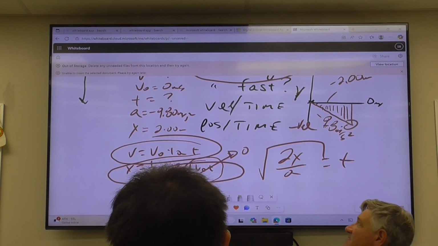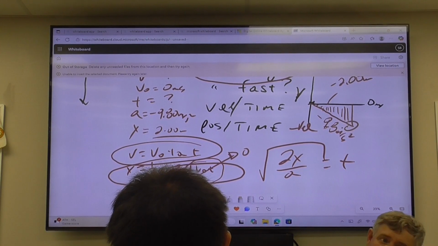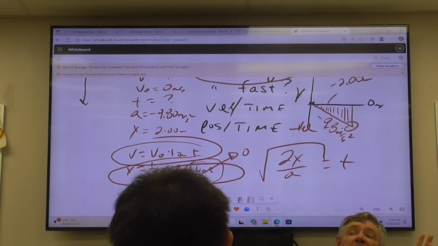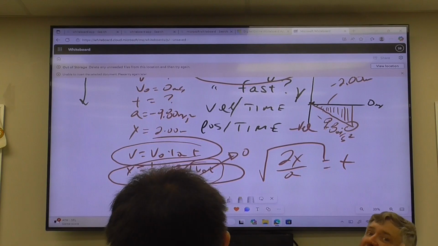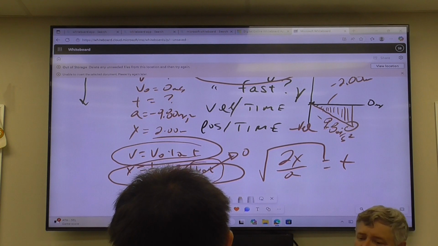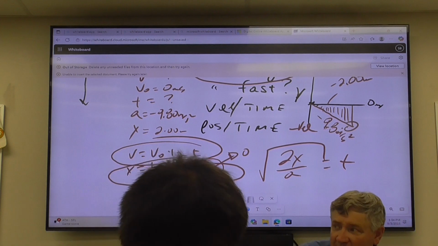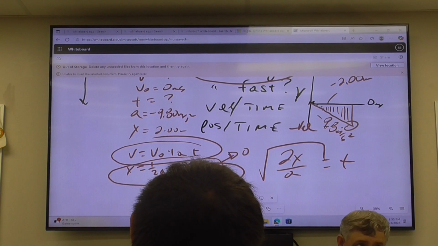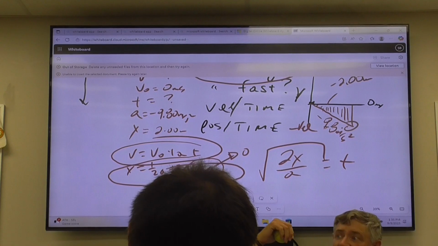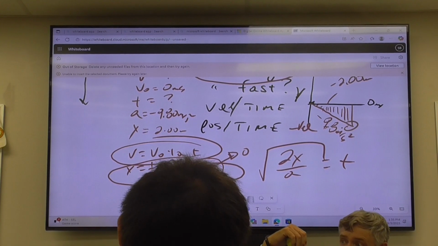Now, this is not a big dog equation. It's a pup, but it's a grand equation. But you can only use this equation under one circumstance, and that's if your initial velocity is 0. If I throw the ball down or if I throw the ball up, I can't simplify this because that V naught t part of the equation wouldn't go to 0.